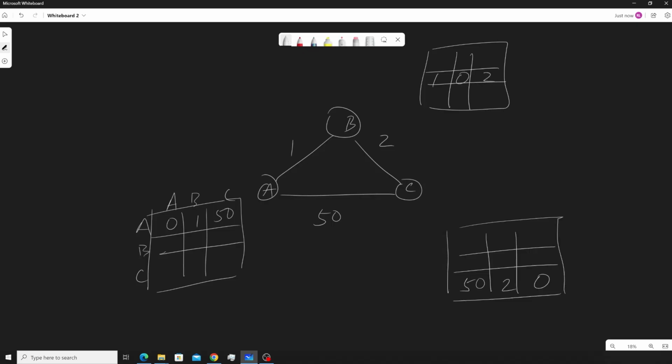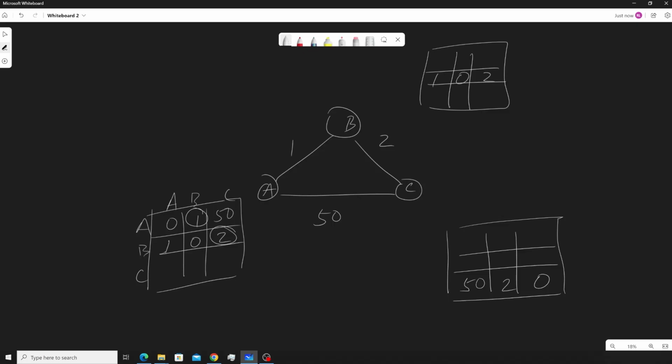Okay, so B can advertise over here 1, 0, 2. Okay, and because we have this and this, okay, we can shrink our costs from 50 down to 3, okay, which can then be advertised across 0, 1, 3.